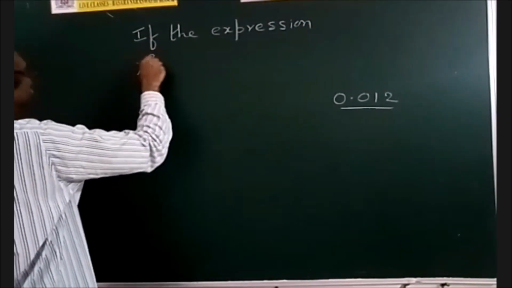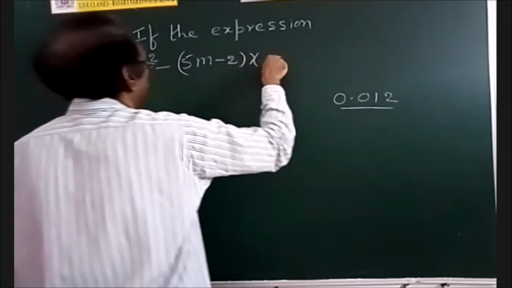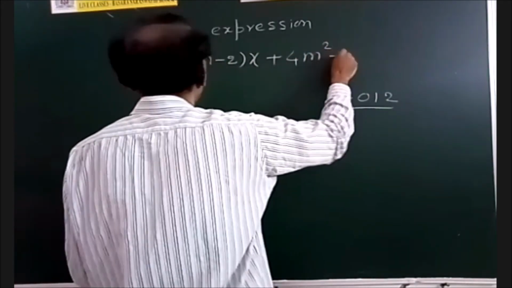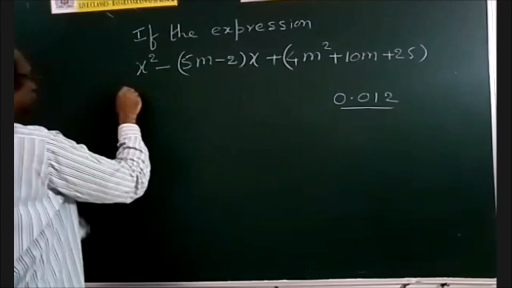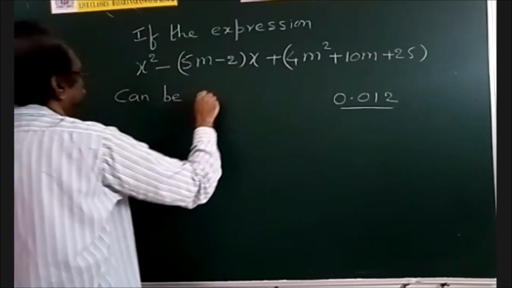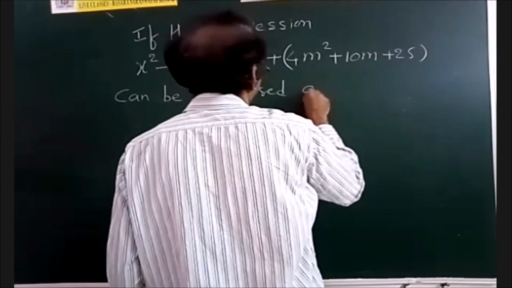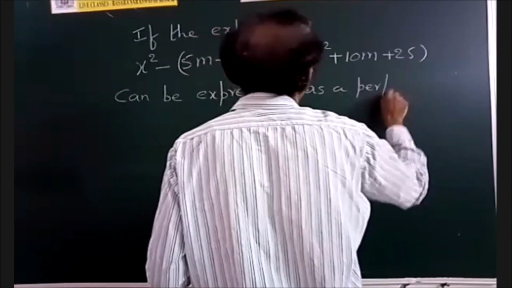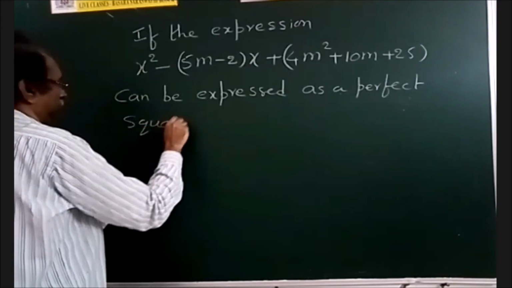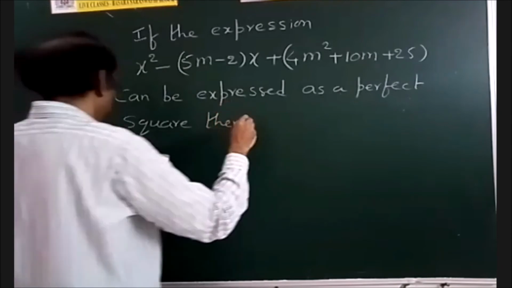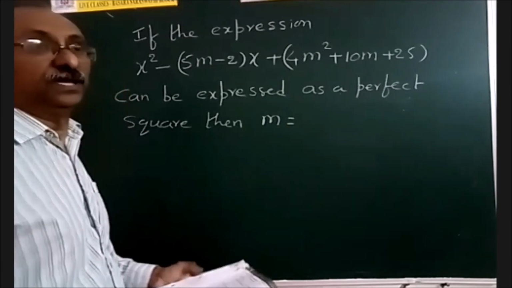x square can be expressed as a perfect square, then m is equal to... Perfect square means discriminant must be equal to 0.